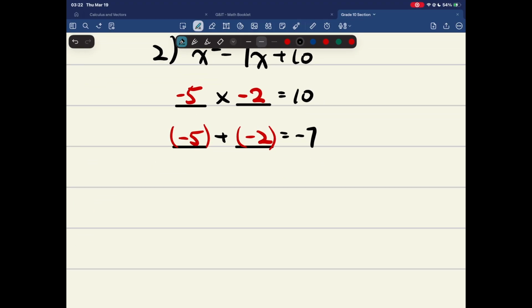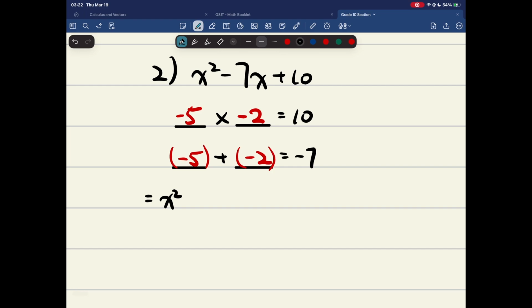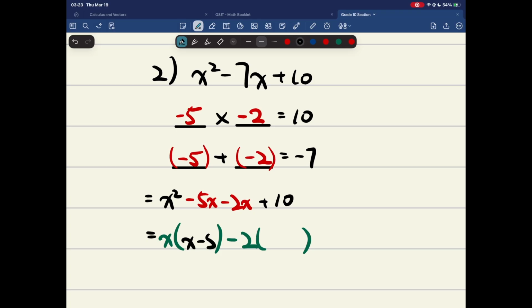So let's expand the terms again. It equals x squared minus 5x minus 2x plus 10. And if we do the same thing, we factor it out, we'll have x bracket x minus 5, and minus 2 bracket x minus 5.